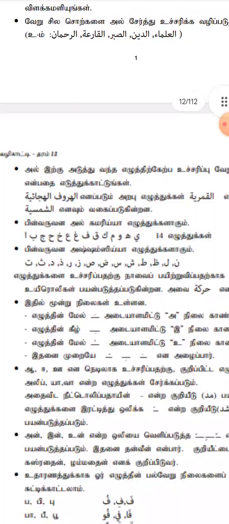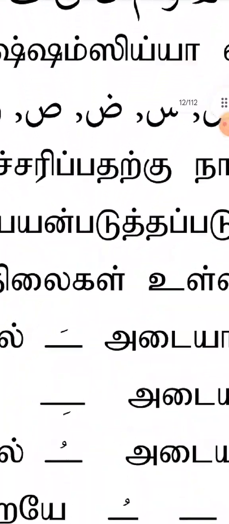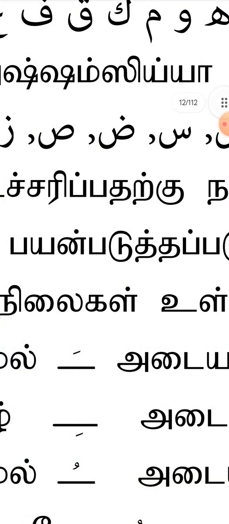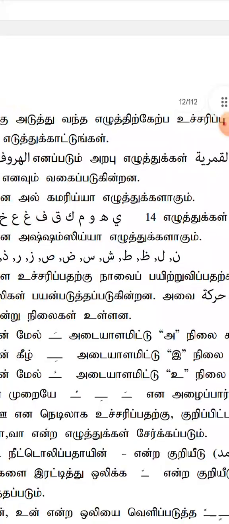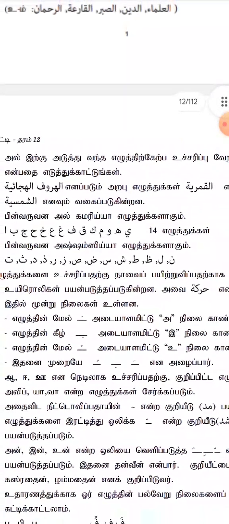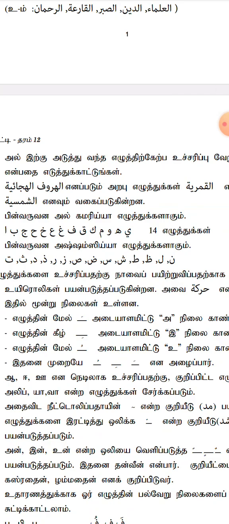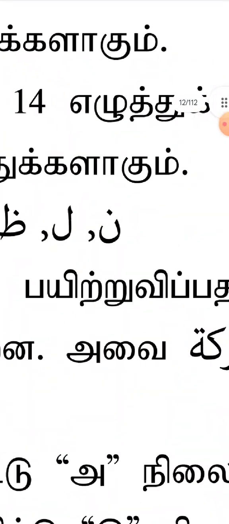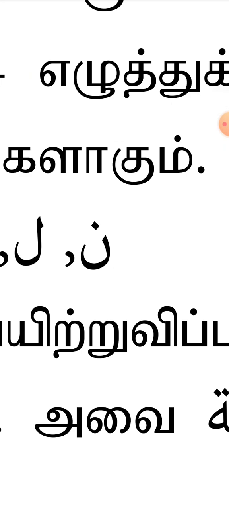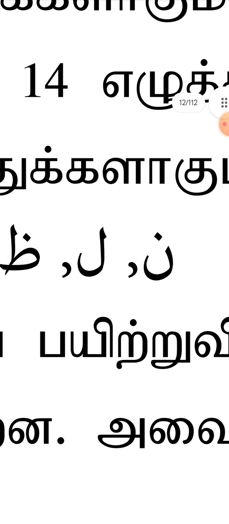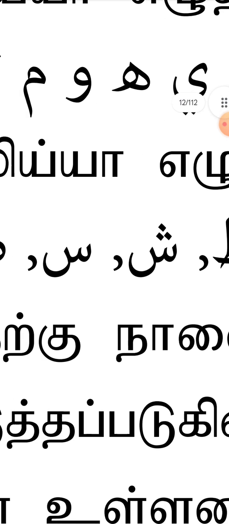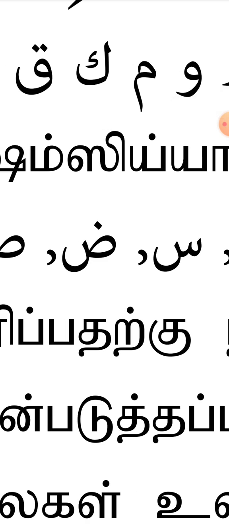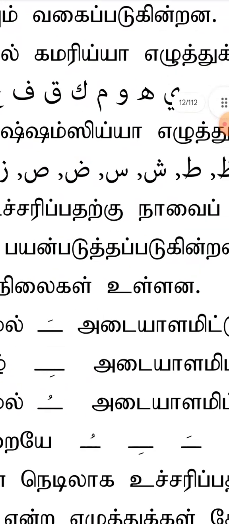If we get a mark upon the letter, on the upper part of the letter, the sound of that one is an a sound. Now there is the letter noon. If we get that mark on top of the letter, we call it na. Likewise la, ta, sha, sa, ka. In that way we call it.